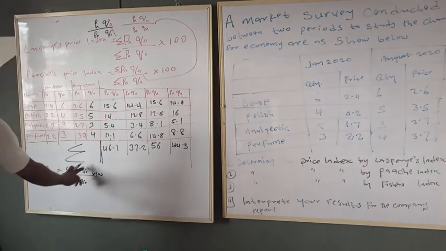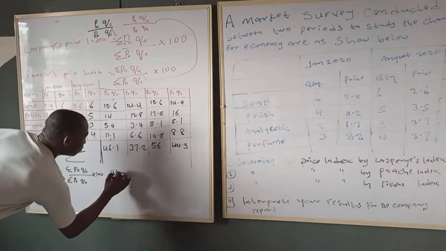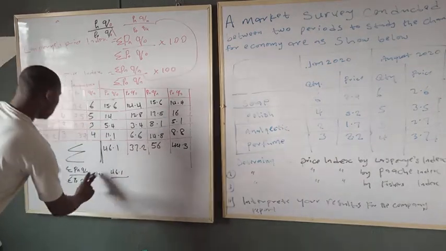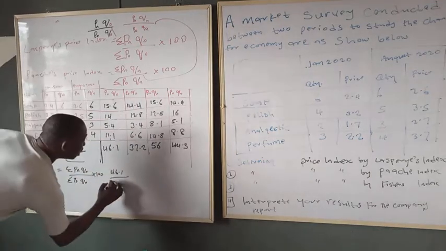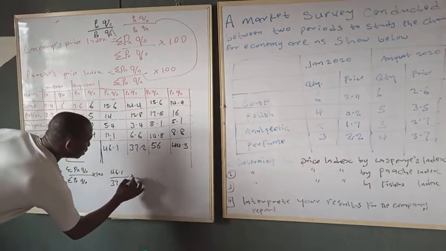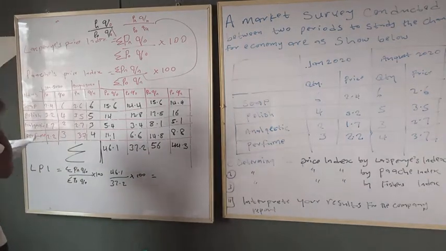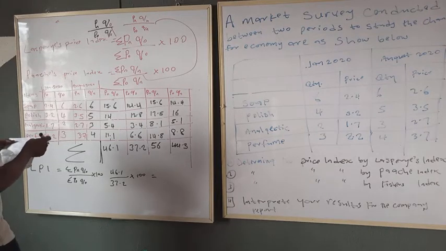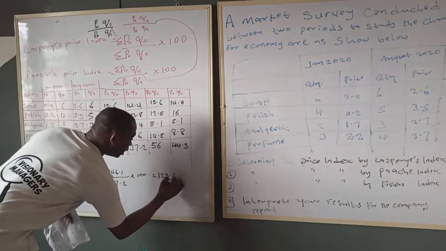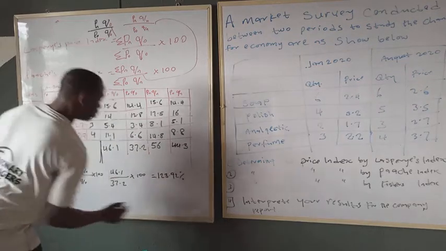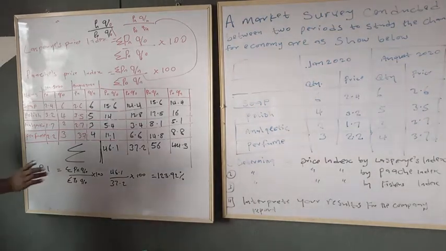So PNQO is 46.1 over POQO, which is 37.2, times 100. So what do we get? We solve it, we get 123.92%. So that is our Laspeyres price index. So we are done with the Laspeyres price index.